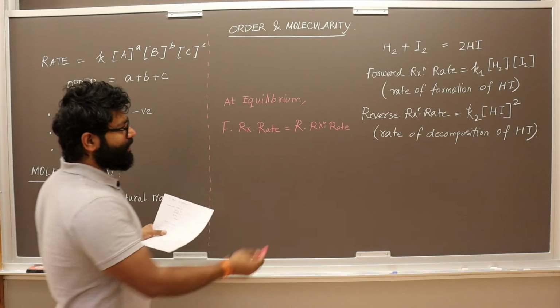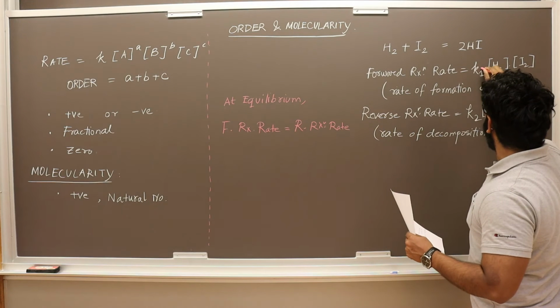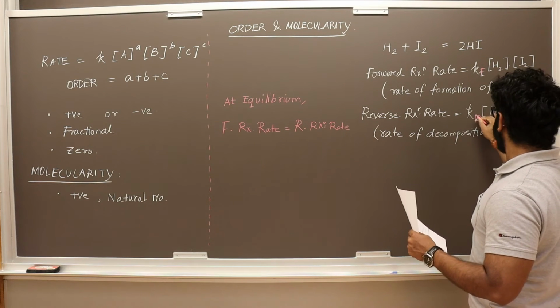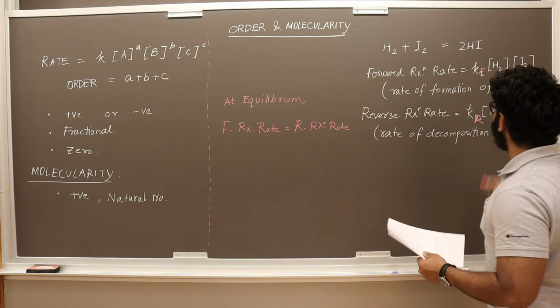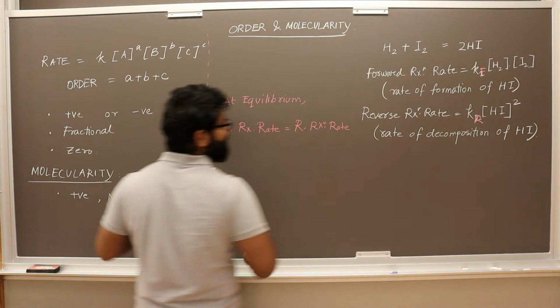So I can also write this as K forward and K reverse, just for easier recognition, okay?